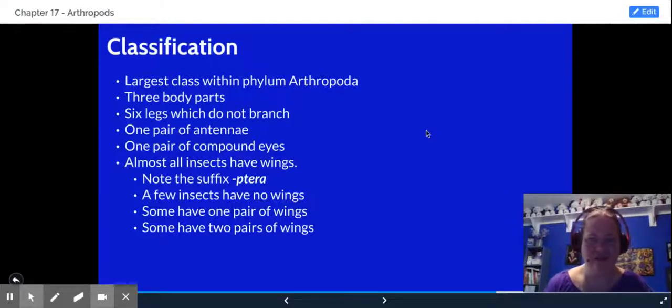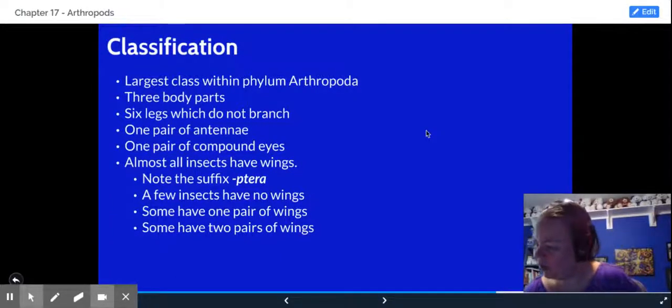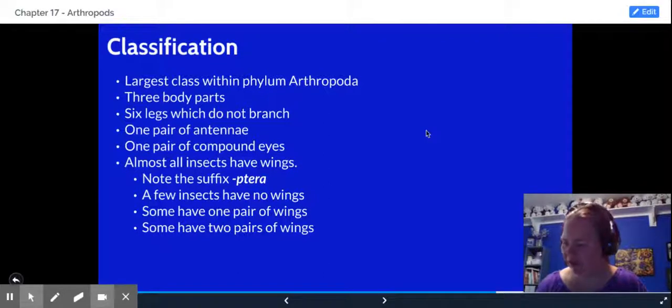So an example of an insect with no wings would be the order Thysanura, which would be your silverfish, okay? 1 pair of wings would be your order Diptera, okay? And those would be your flies, your mosquitoes, and your gnats. And then 2 pairs of wings would be your order Lepidoptera, and that would be your moths and your butterflies.